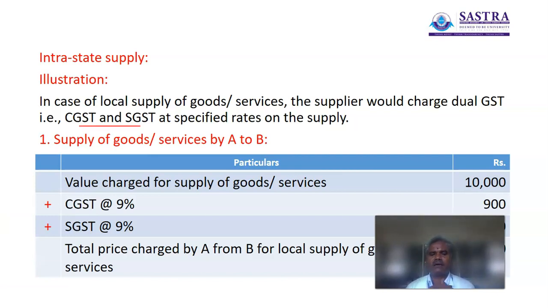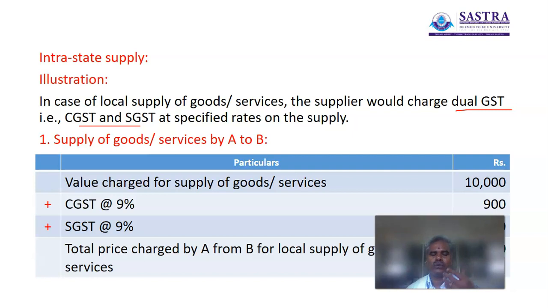When we supply goods or provide service to our customer, we have to charge both CGST as well as SGST. That's why this is called dual GST. CGST is for the central government, SGST is for the state government. Very simple.